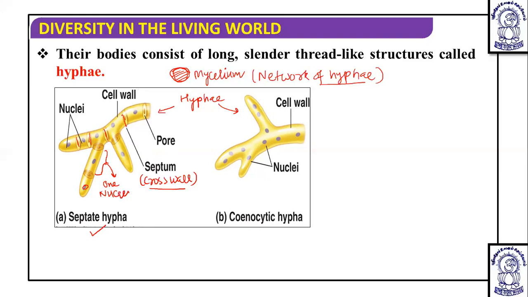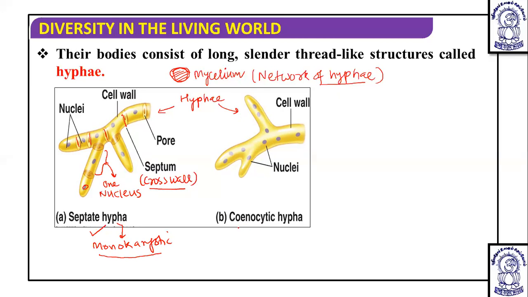So this septate hyphae becomes monokaryotic. Why do they become monokaryotic? Because in their hyphae, cross walls are present internally, nuclei are separated by cross walls, and one cell has one nucleus. So monokaryotic hyphae are nothing but septate hyphae.